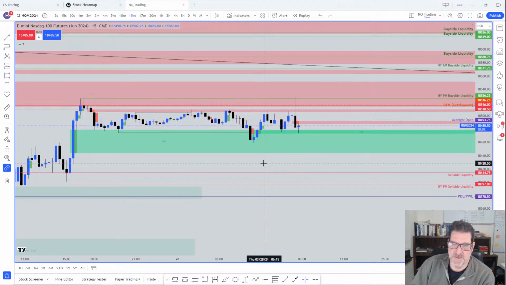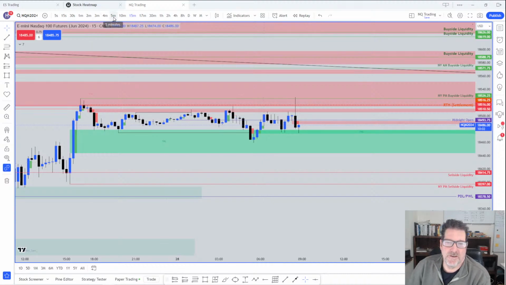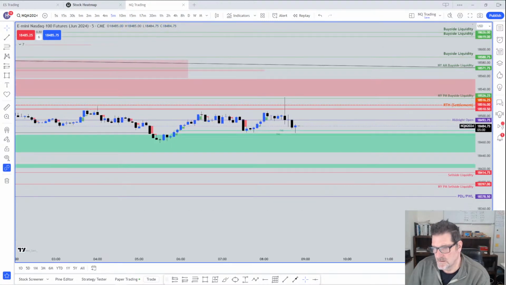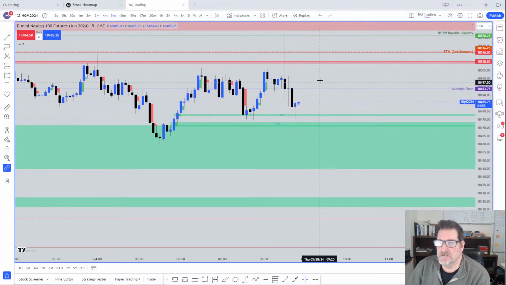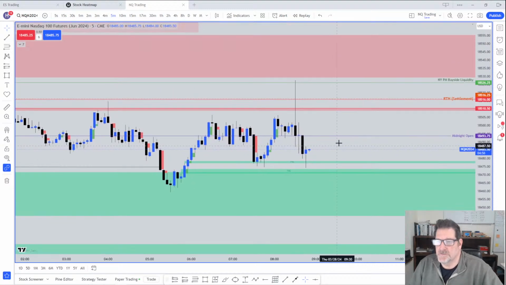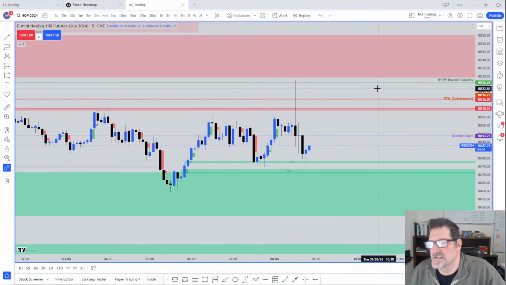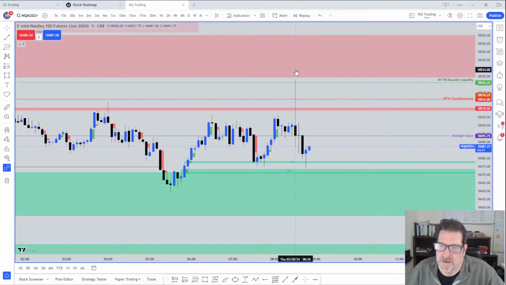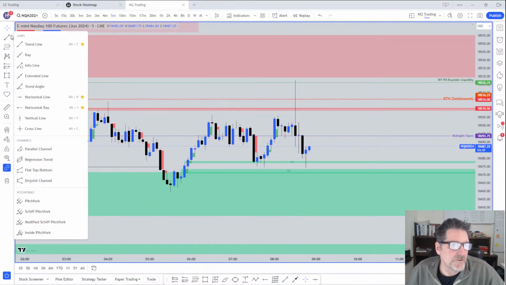The other thing though, if we drop down to the 5 minute, right here we took out buy side liquidity on the news event. News event quickly turned back around.